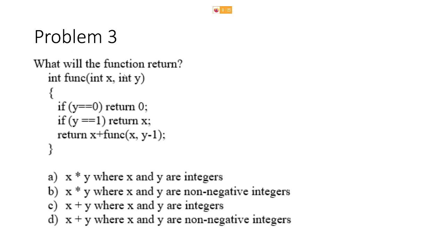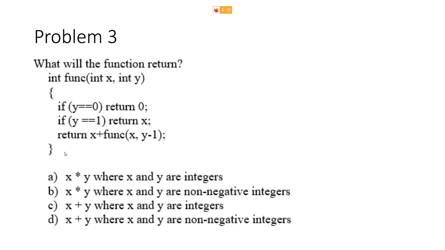So here you're asked what this function will return. This is your function int func, and it takes two parameters, int x and int y. Here you are not given the real values of these x and y, like x can be 5, y can be 6, or it can be 10, 20, whatever, but you're not given any value, so you cannot actually compute the real value.